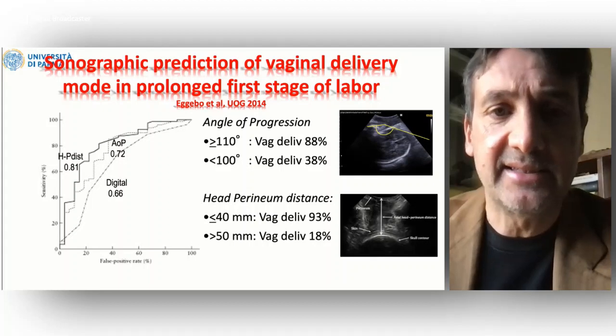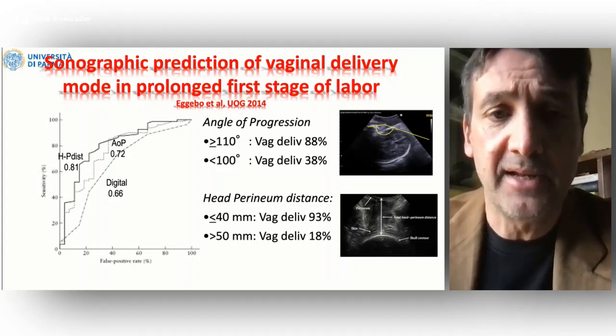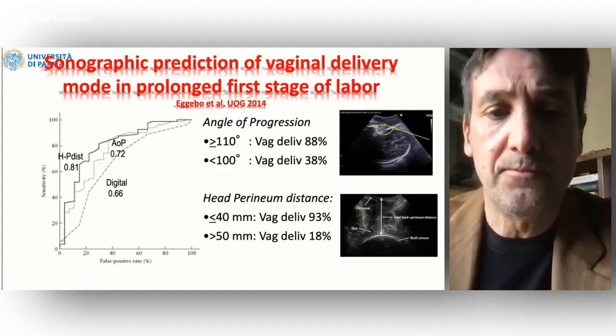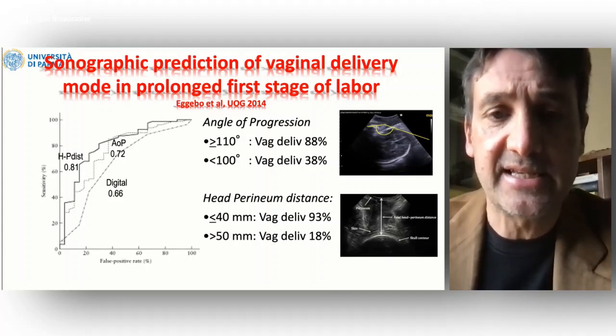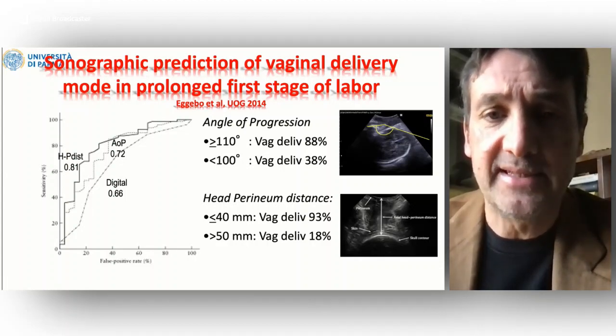This is a study that comes from Norway, the group of Professor Eggebø, together with a group of Christoph Lees from London. They assessed a group of nulliparous women with a prolonged first stage of labor. They did the clinical assessment, and they measured transperineally the two parameters that Ali has just shown to us, the angle of progression and the head perineum distance.